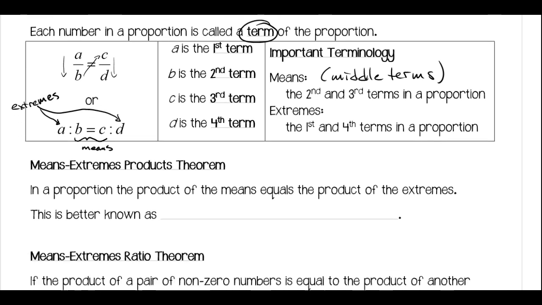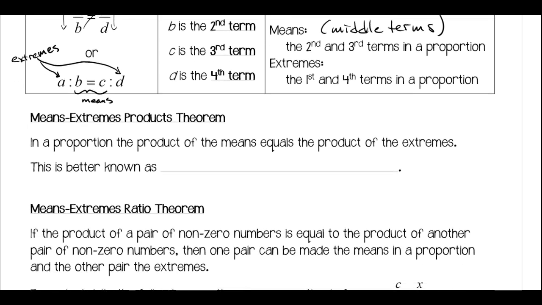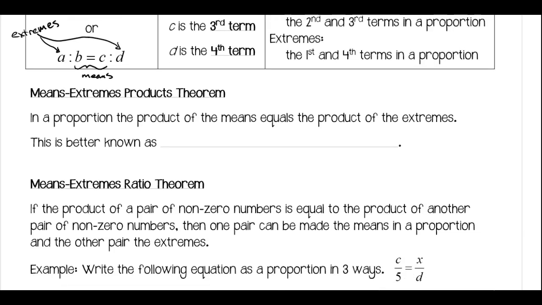So getting to our first theorem of the chapter, the means extremes products theorem. Really, this is just a fancy way of saying something that you already know. In a proportion, the product of the means equals the product of the extremes.